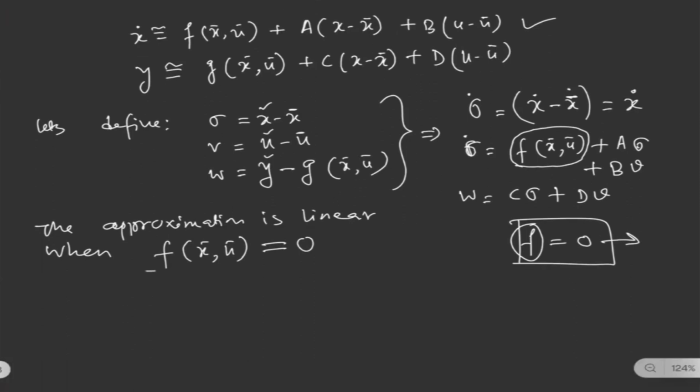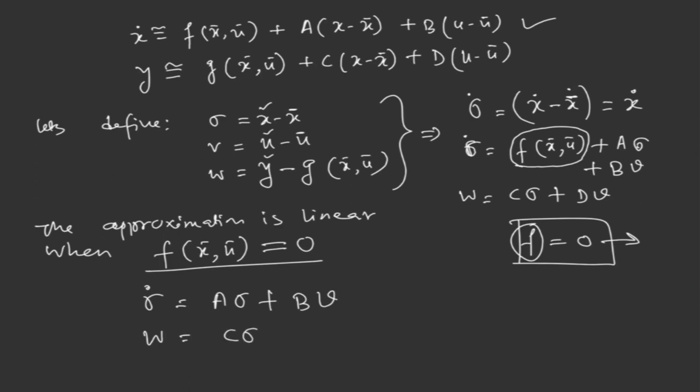And from this condition, we can come up with sigma dot equal to A sigma plus B v, and w equal to C sigma plus D v.